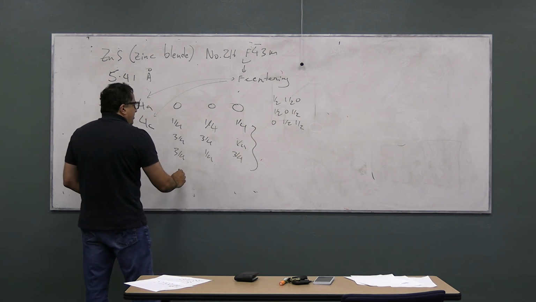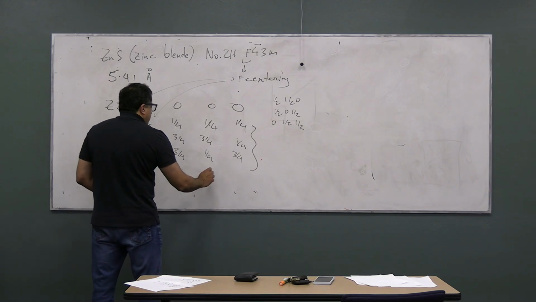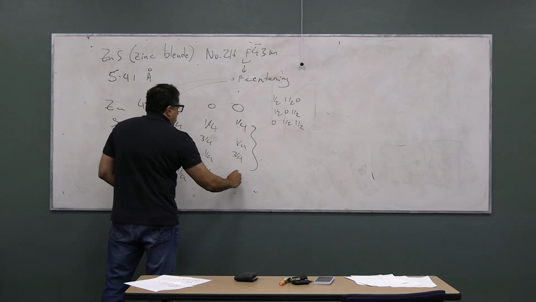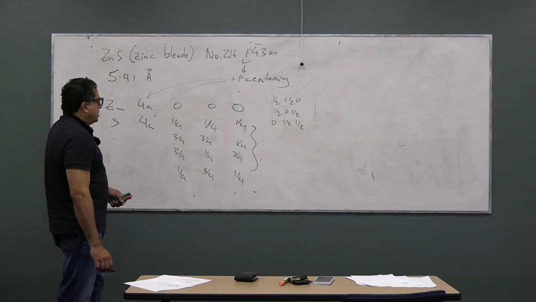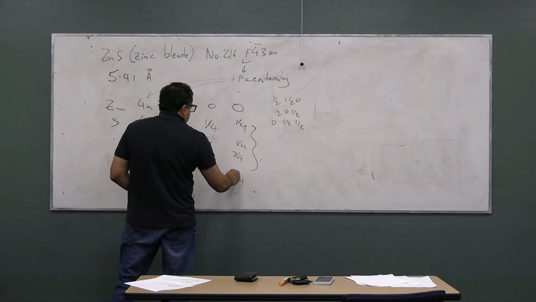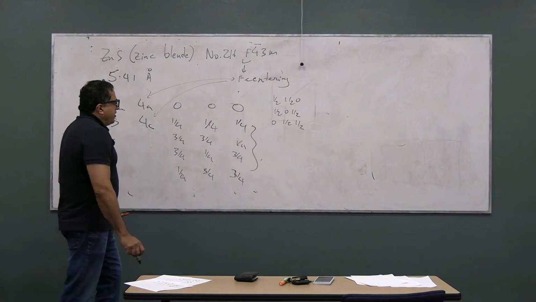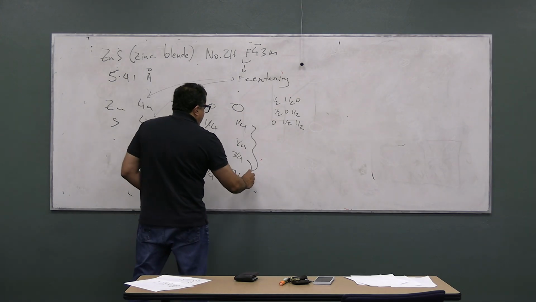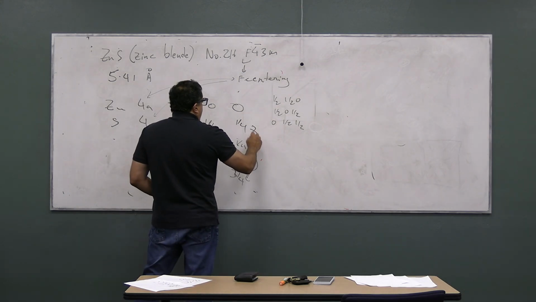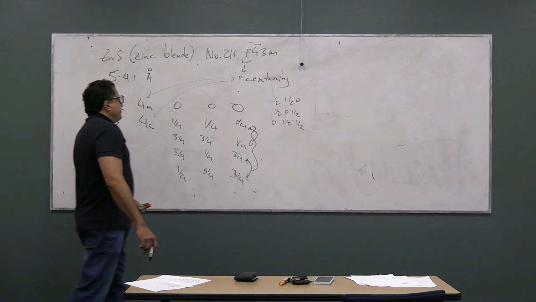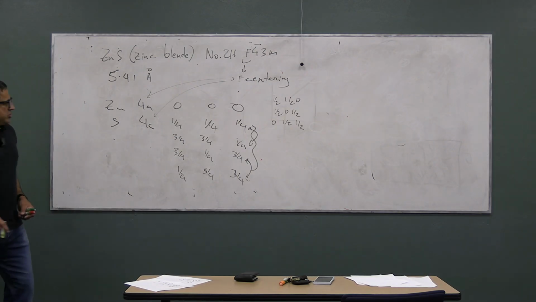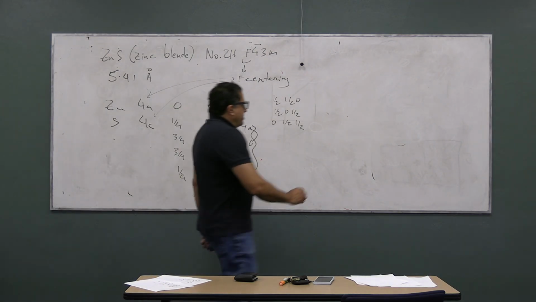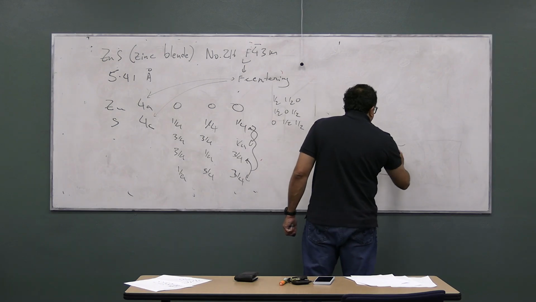And then 0, half, half is 1/4, 3/4, 3/4. So I have 2 at 3/4, 2 at 1/4. So I'm ready to draw the structure. So first I'm going to draw, so I need 4 sections.